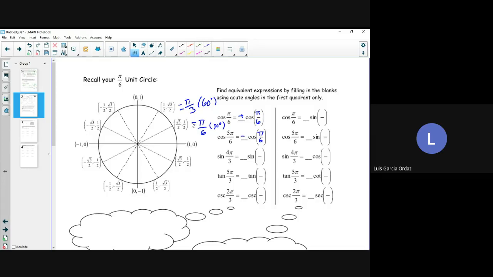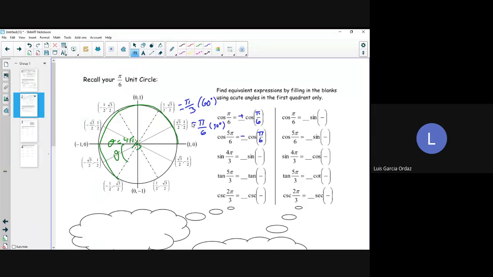The next one we have is 4 pi over 3. Where does 4 pi over 3 land us? Quadrant 3. So theta is equal to 4 pi over 3, and now we have to figure out our related acute angle, which is in the third quadrant.